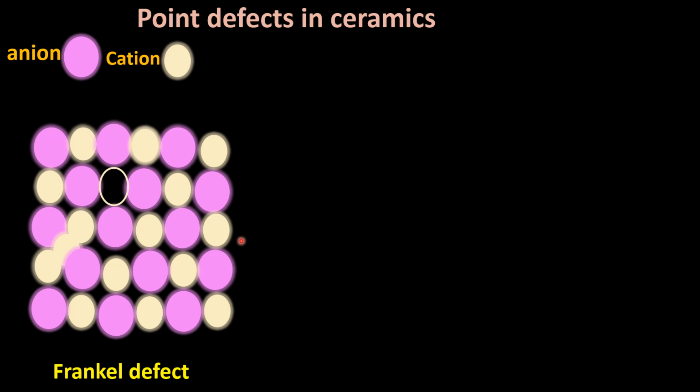For an impurity ion having a different charge from the host ion which we want to substitute, the crystal will compensate this charge difference. In order to compensate this charge difference and maintain electrical neutrality, this will be accomplished by the formation of lattice defects. So defects will be induced when the ceramic crystal tries to maintain its electrical neutrality.